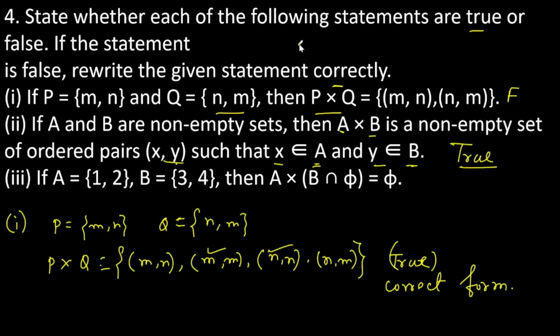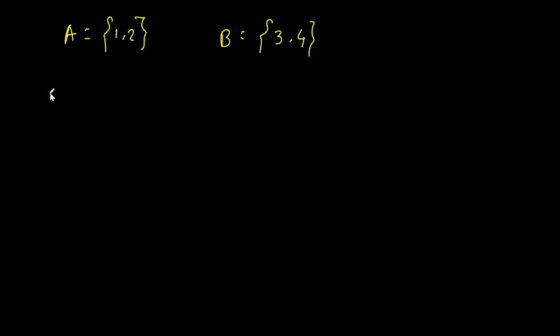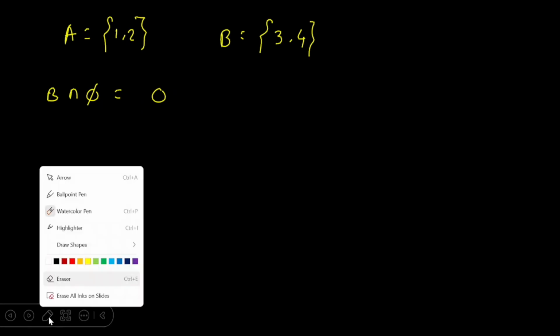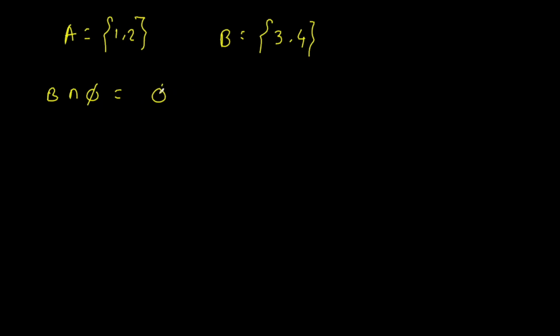You have to find first B intersection phi, then find the Cartesian product with it. So what is the value of B intersection phi? The common element is phi, because intersection means you have to take the common elements.